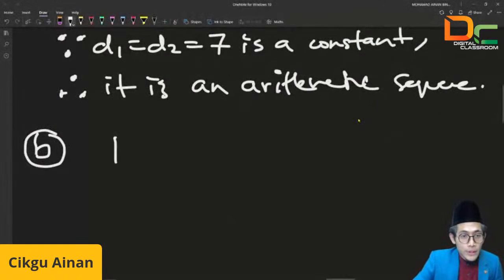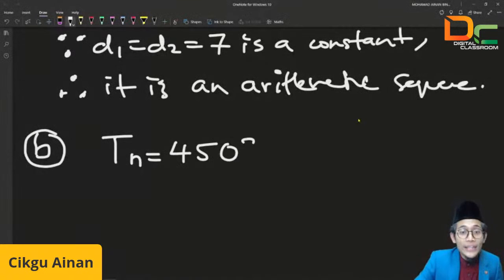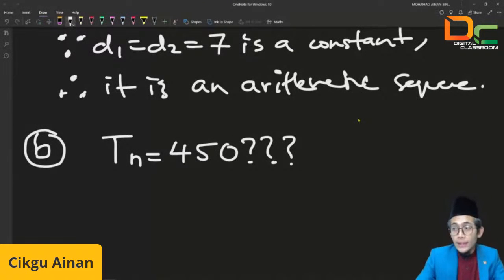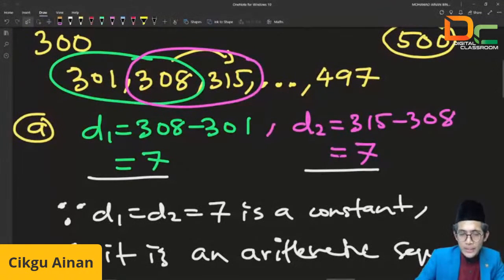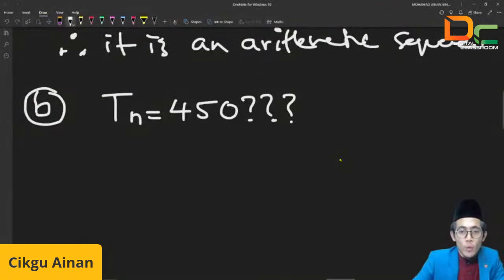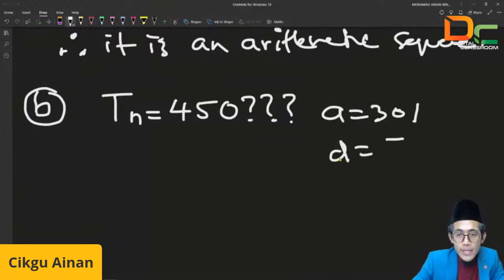So simply put, the question asking for Tn equals 450. Whether letak ni kita tak tahu nak cari betul ke tidak ni. Adakah dia locate somewhere in the sequence. So from here we need the A and the common difference. The A is 301, and the D is 7.